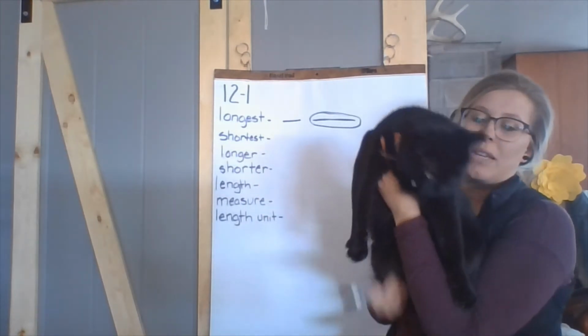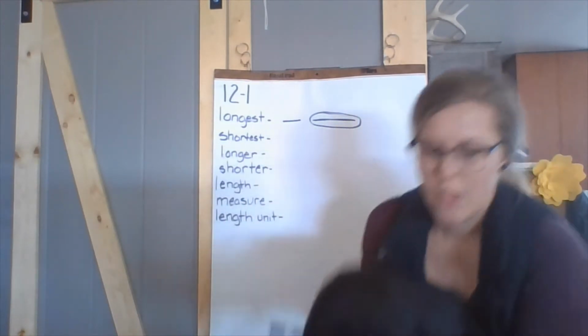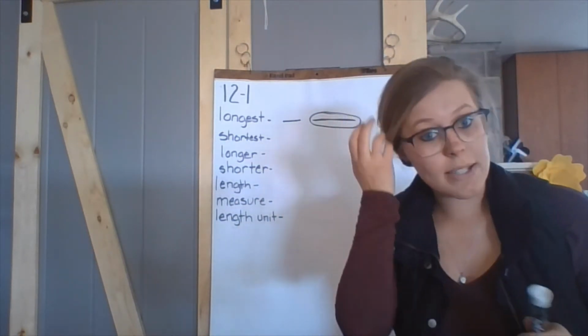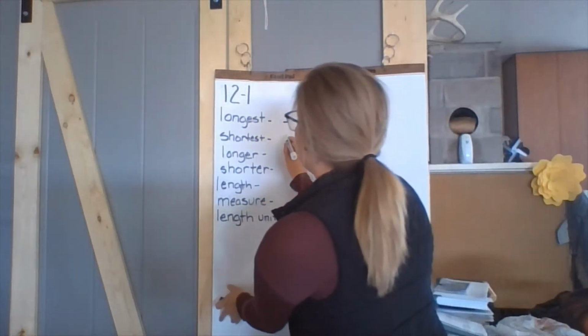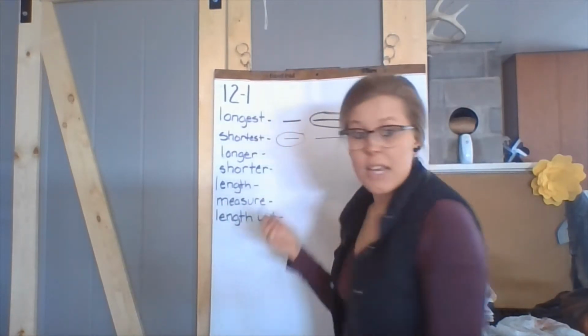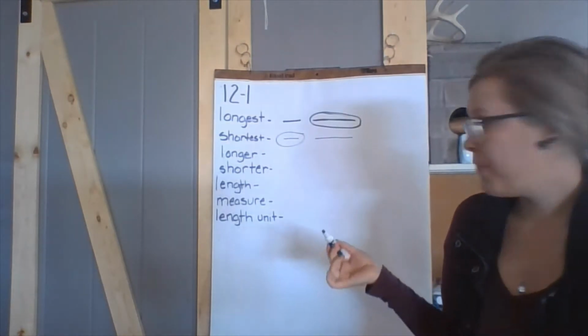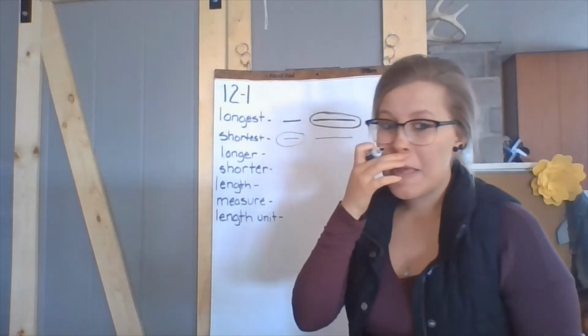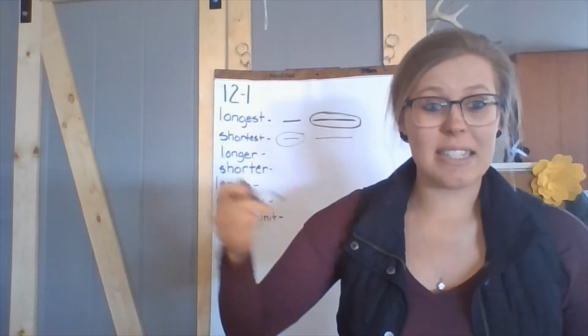Okay? So he's a lot bigger than this is. So, for shortest, with your two pictures, we have your line, you have your other line, it'd be the smaller of the two.